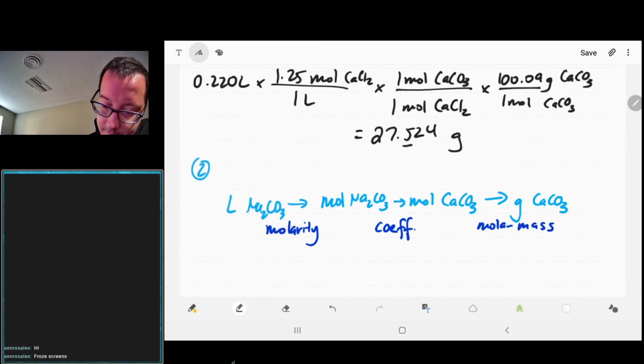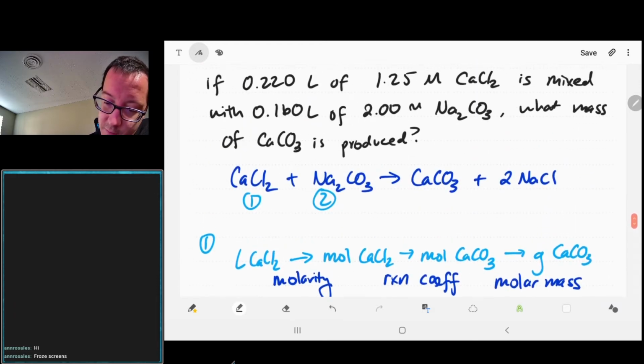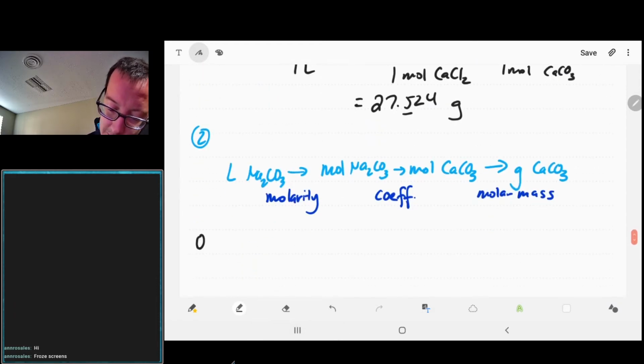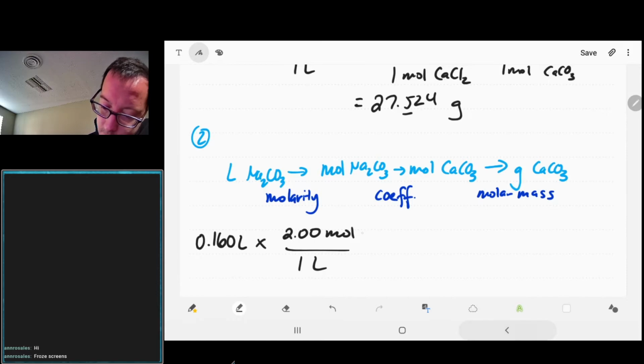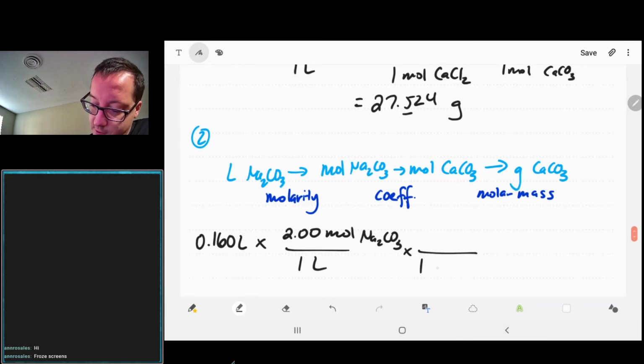So let's do it. In this case, we have 1.160 liters, 2 moles per liter. We are given our reaction coefficients. In this case, they are again 1.